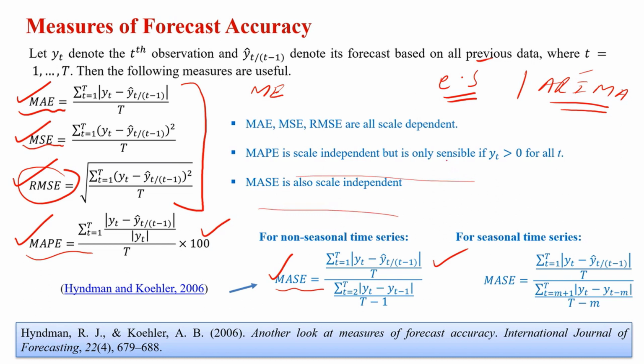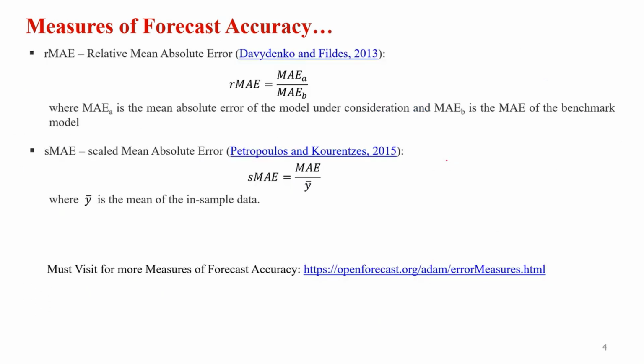So you have to pick an appropriate measure of accuracy, whether you want to use scale dependent or scale independent measures of accuracy. In addition to these methods, in 2013 these two authors gave us another measure called relative mean absolute percentage error, which is the mean absolute percentage error of the model you are considering, relative to the benchmark model's mean absolute percentage error, which is giving us the best forecast.